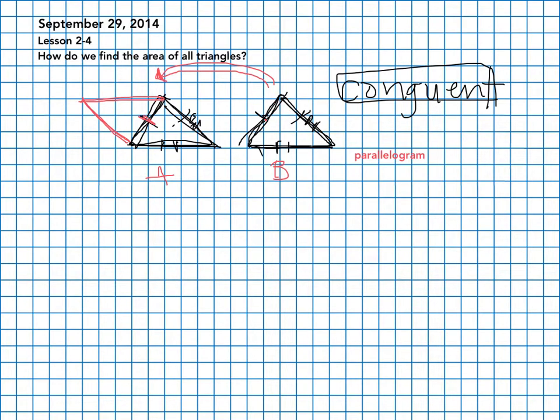So let's make another triangle, an obtuse triangle. We know this is obtuse because of the obtuse angle right here. And again, let's pretend that these are congruent triangles and they're exactly the same. Much like we did before, we're going to take this and flip it over here.